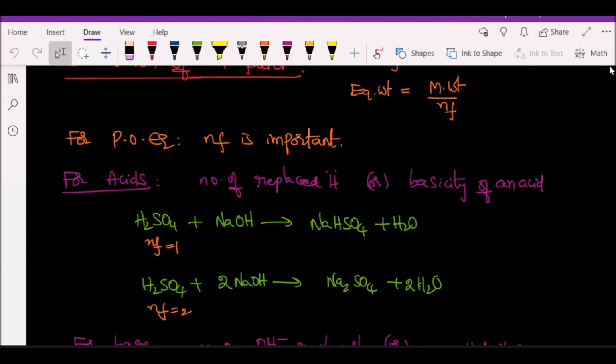So the n factor is one. It is the number of replaced hydrogens, not replaceable hydrogens. Acids are substances capable of giving H plus ions, so this concept is based on the number of H plus ions. Understood? Yes, sir. Right. Thank you.